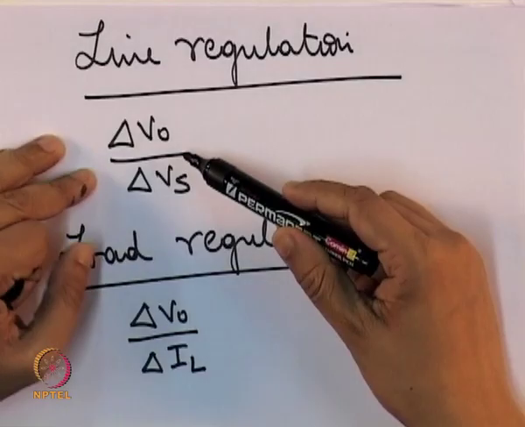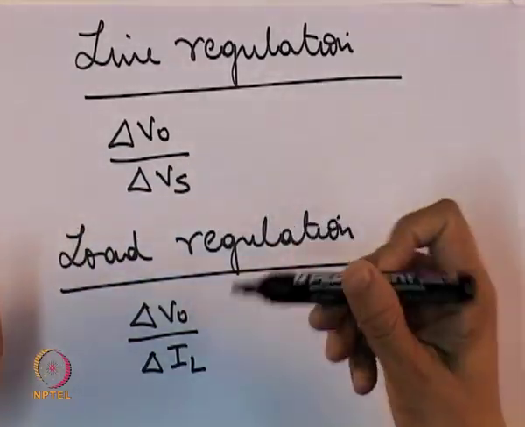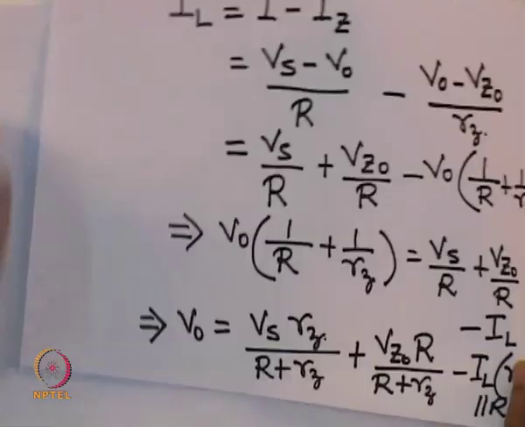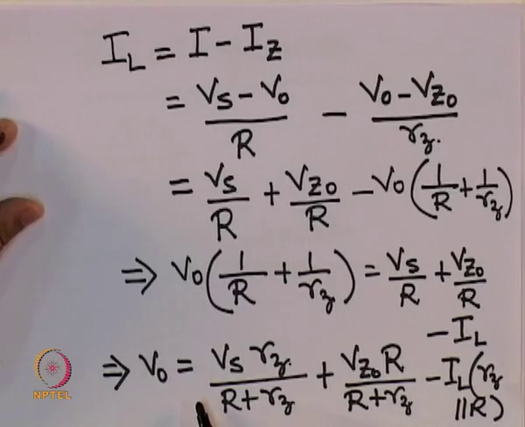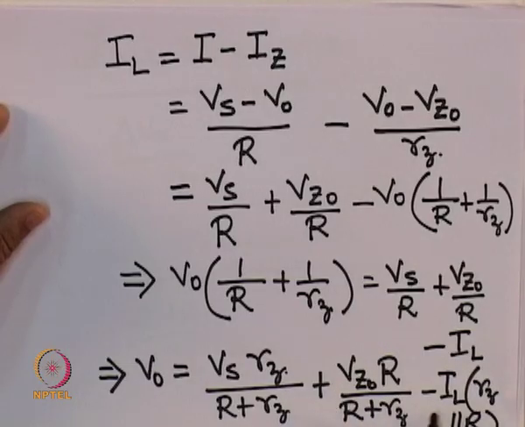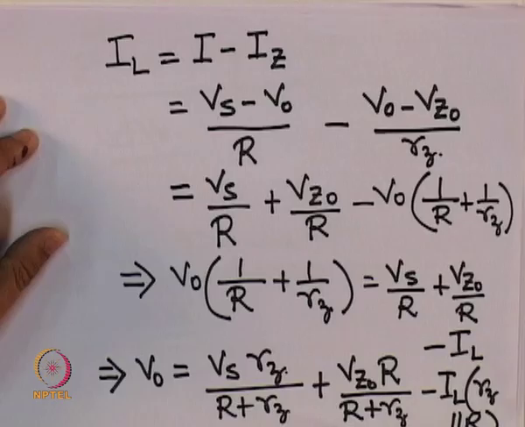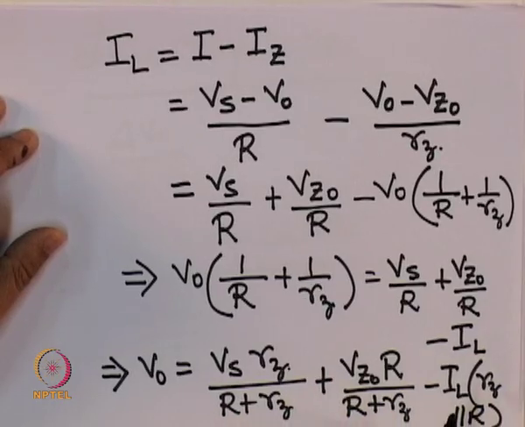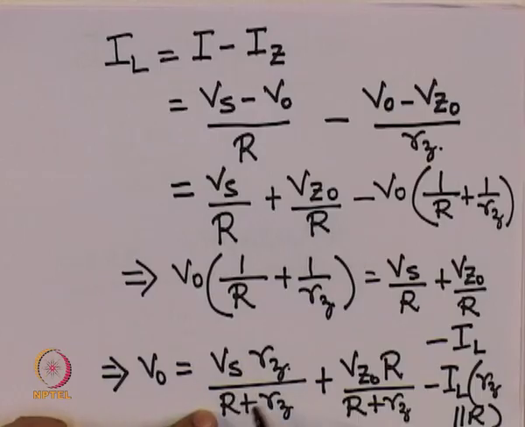Now, this ratio is similar to a derivative, and if we go back to this equation for V 0, then change of V 0 with respect to change of V s is simply equal to R z upon capital R plus R z, because once we differentiate both sides with respect to V s, this term and this term will be 0, only this term which is a function of V s will remain.